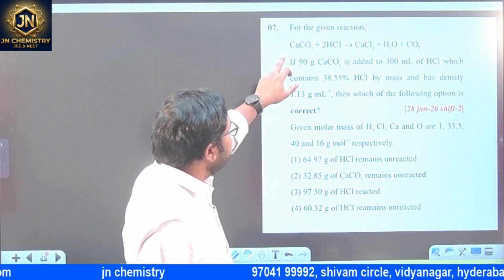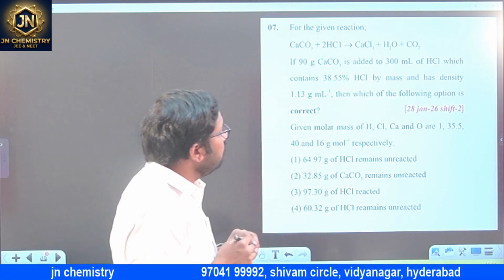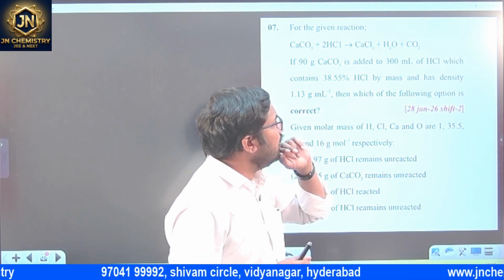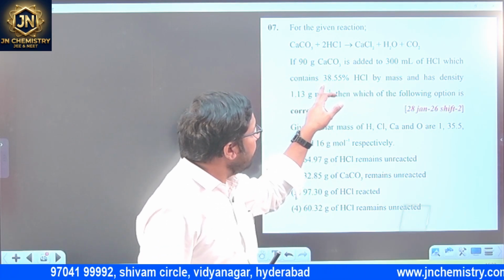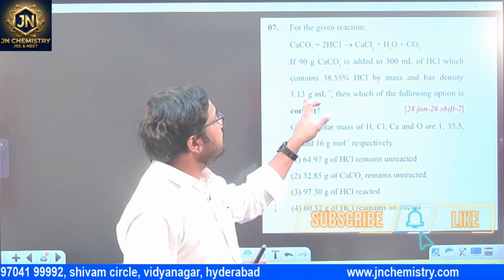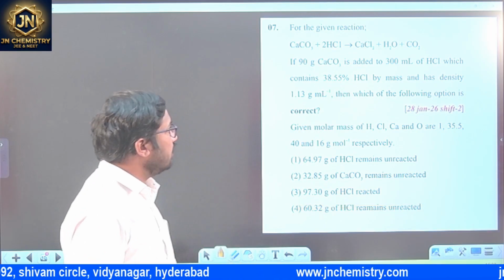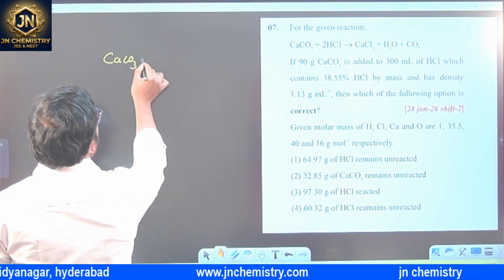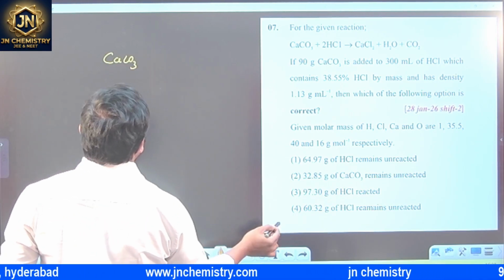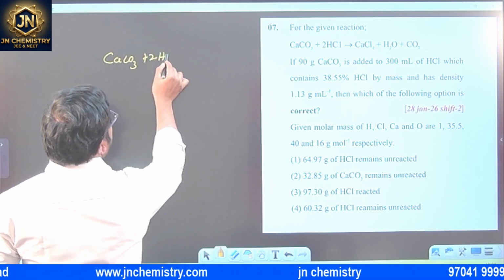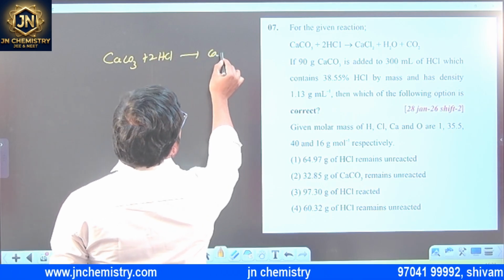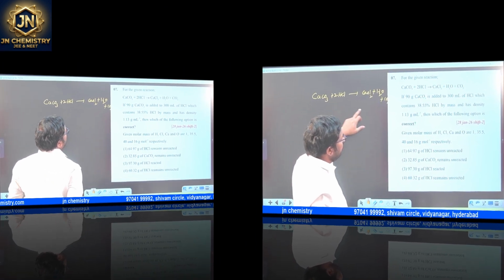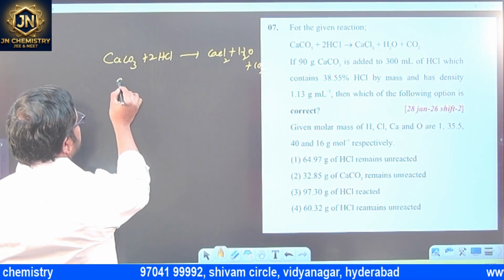Okay. In this case, CaCO3 plus 2HCl gives CaCl2 plus H2O plus CO2. If 90 grams of CaCO3 is added to 300 ml of HCl, 38.5% HCl by mass, and density is given, which of the following statements is correct? 90 grams of CaCO3 is given.